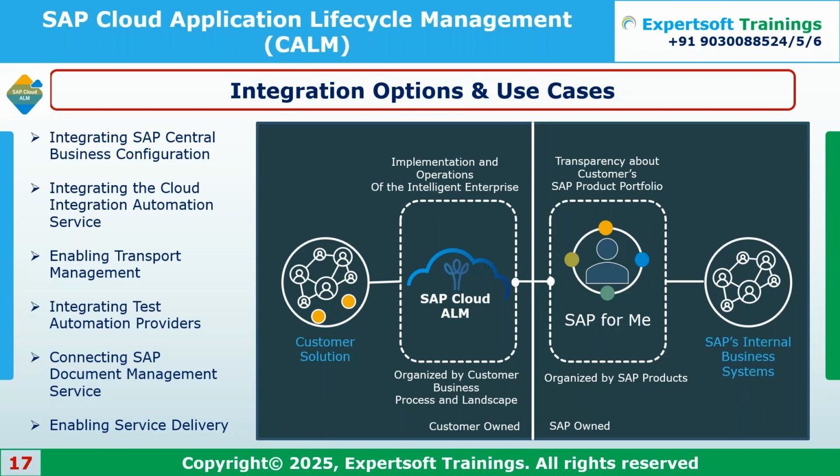And exclusive is the transform part, where if you want to transform an on-premise solution to the cloud, it is the SAP Solution Manager, SAP Cloud ALM supports. So this is an overview of Cloud ALM. If you have any doubts, you can ask.